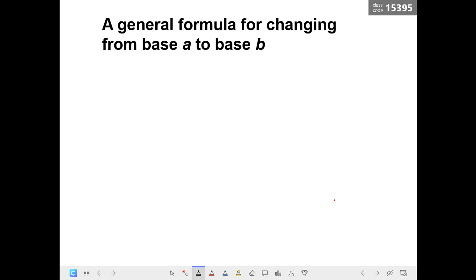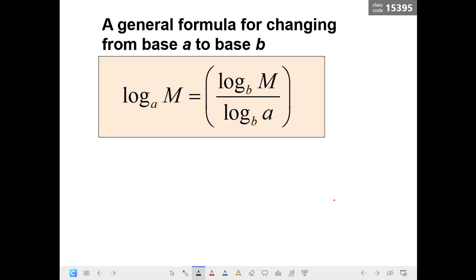General formula for changing from base A to base B. Given log M to the base A, you want to change the base. So log M over log A, the same base, B over B. If you choose 3, this is also 3.